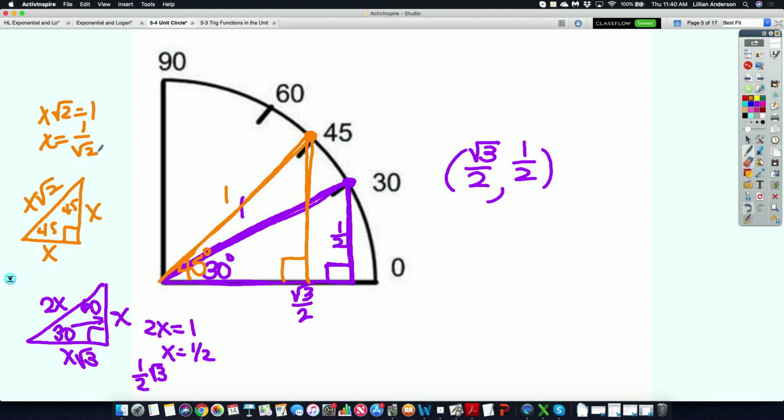Divide by the square root of 2, and then you rationalize to get the square root 2 over 2. So my 2 legs are both the square root of 2 over 2. That means the x and y coordinate of 45 degrees is the square root of 2 over 2, square root of 2 over 2.